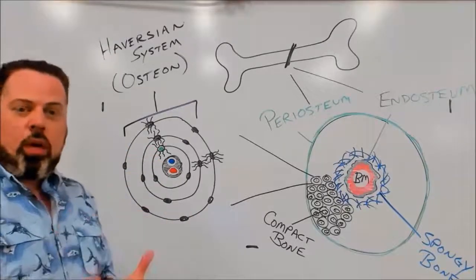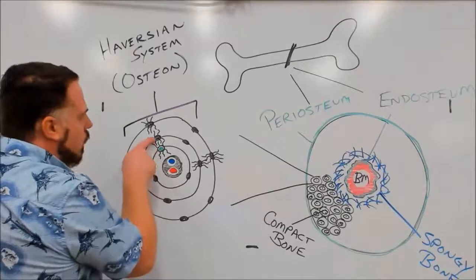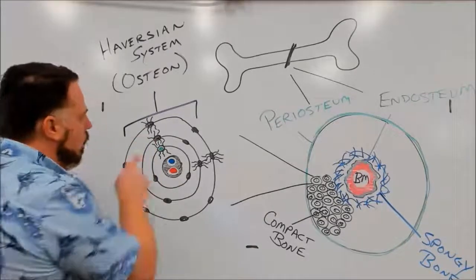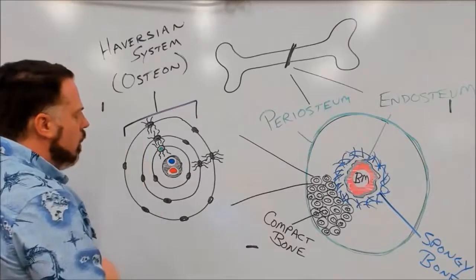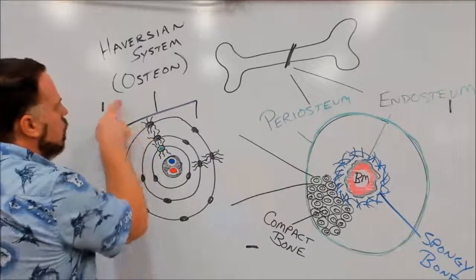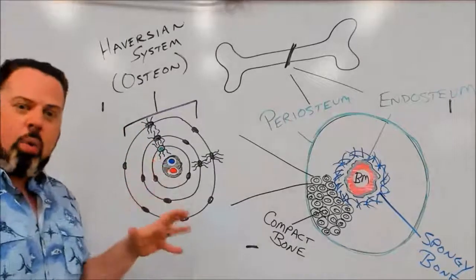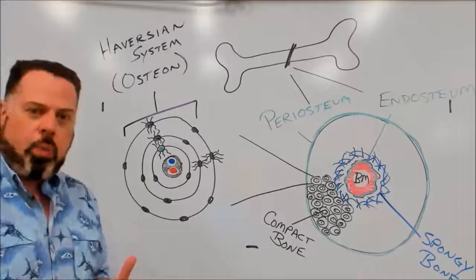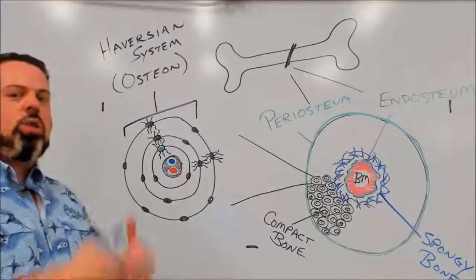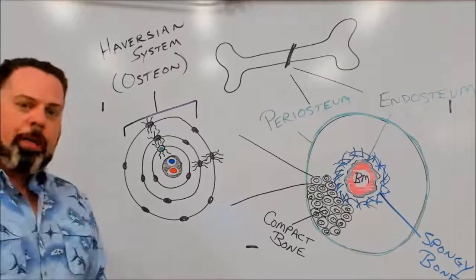And when it's done with that, or there's too much there, it will pass the nutrients onto the next osteocyte in a nearby lacuna by way of the canaliculi, and so forth, and so forth. And it goes out and out and out. So these canaliculi are very important to be able to transport the nutrients from osteocyte to osteocyte. Okay? And that's what's going on over here.